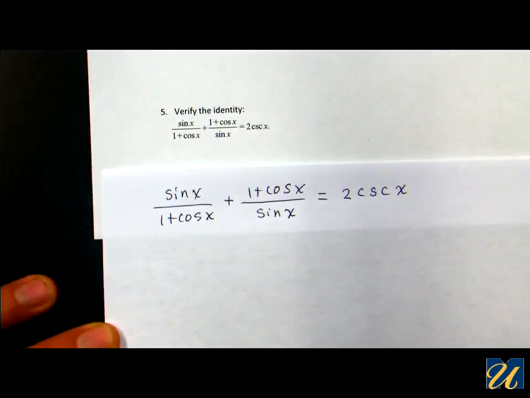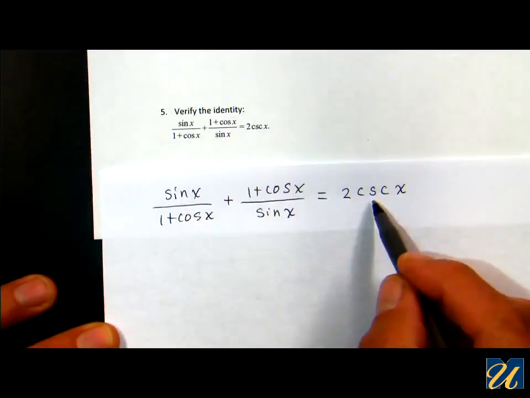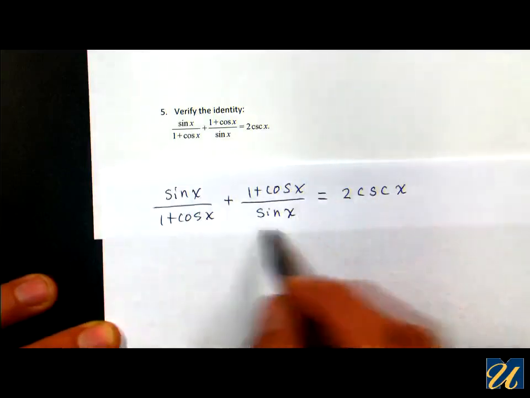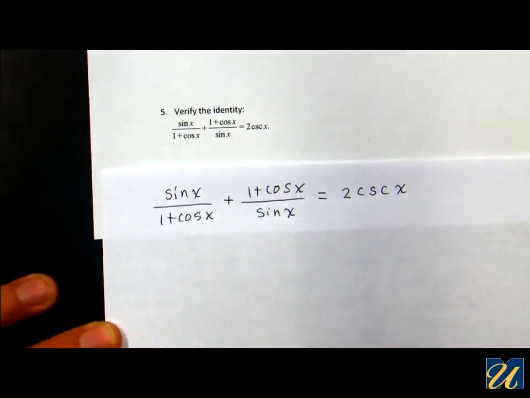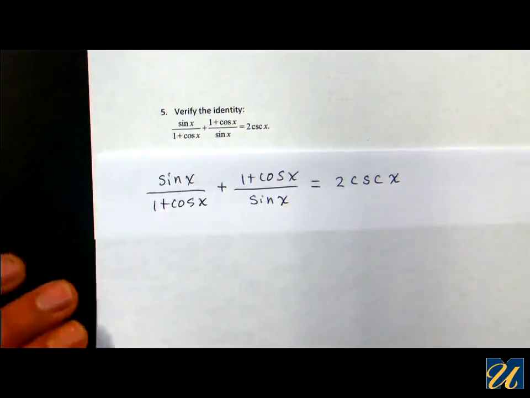Now if you start on the right side, true, this is 2 over sine of x, and then what? How are you going to blow that up to be this? Oh, and yes, there is a way to do that. It's not very obvious. So I think I'll start on the left side.